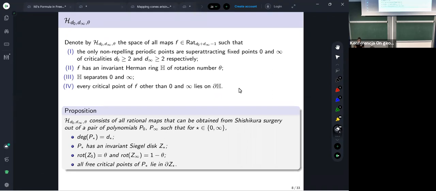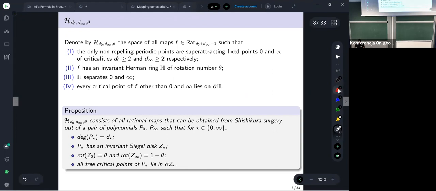And then both of these have invariant Siegel disks. And the rotation numbers are complementary, so theta and 1 minus theta. And not only that, I also have the assumption that all the free critical points must lie on the boundary of the Siegel disks.